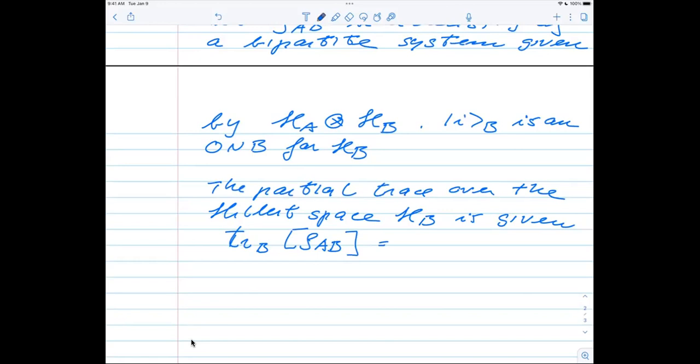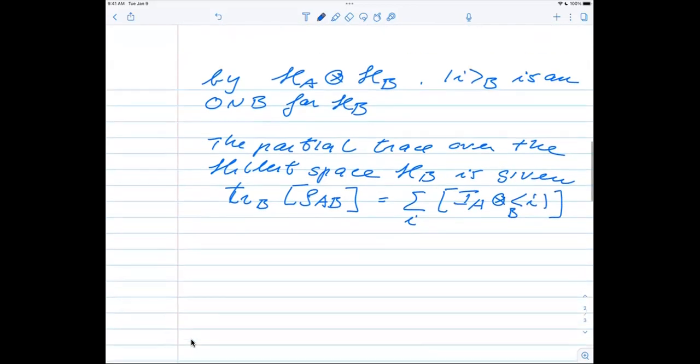And this is going to be given formally as a projection operator, which is defined as follows. I will have a sum over i, and these are the states in system B. This is the product of an identity matrix for system A and then my sum over this orthogonal basis here. So I'm producing a matrix, and this is multiplied with rho of AB, which is my density matrix which I have defined.